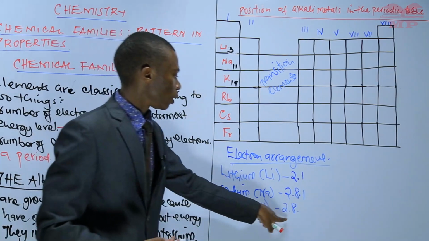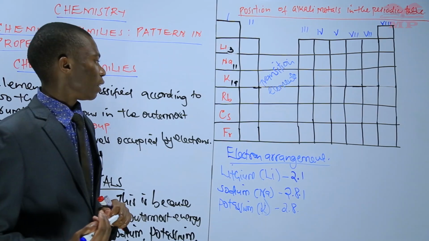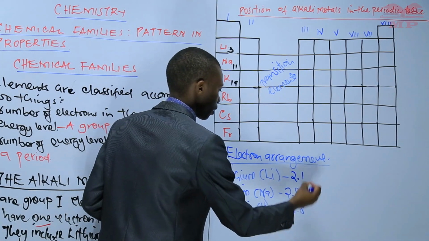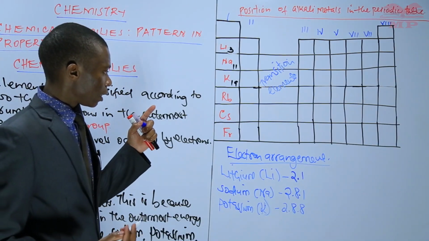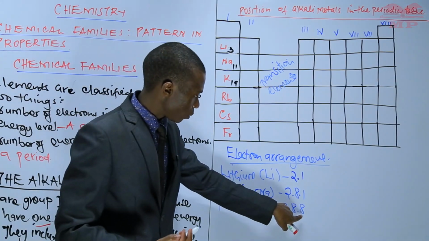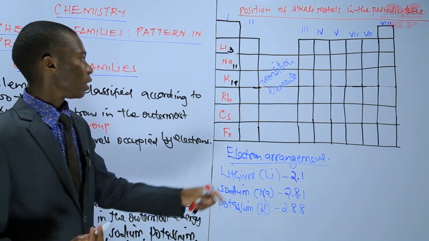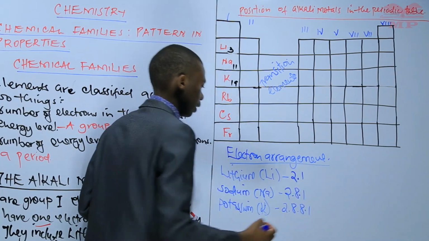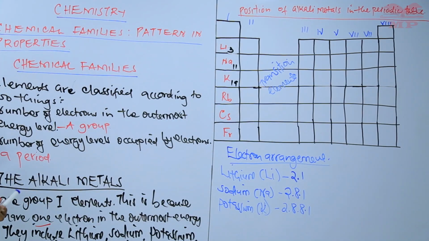Therefore, 2 plus 8 makes 10. Then 19 minus 10 is 9. Then you can now fill the third with 8 electrons. Now 2 plus 8 is 10, 10 plus 8 is 18. So 19 minus 18 is 1. Therefore, the 1 electron you place in the outermost or the last energy level.